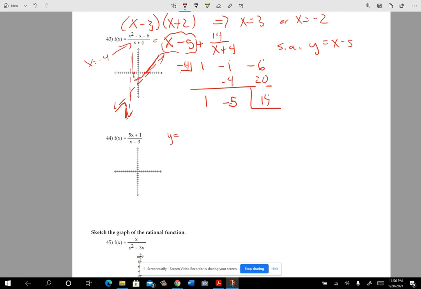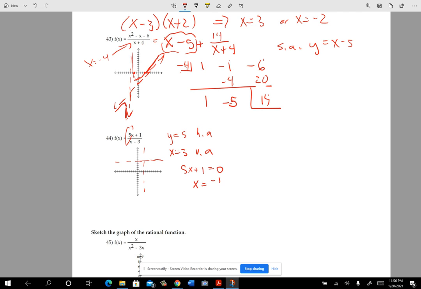All right, let's look at 44. Okay, y equals 5 is the horizontal asymptote because the degree is the same and you've got 5 out in front. x equals 3 is the vertical asymptote over here. So it's going to do something like that. It's going to cross the x-axis where 5x plus 1 equals 0.